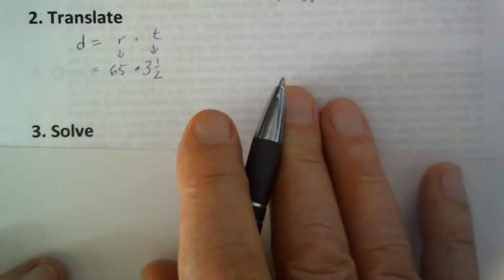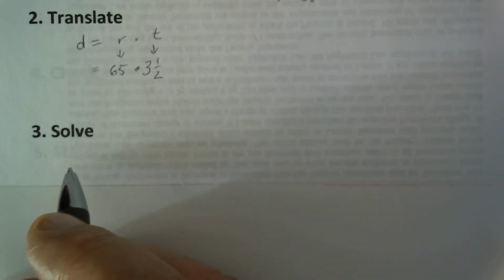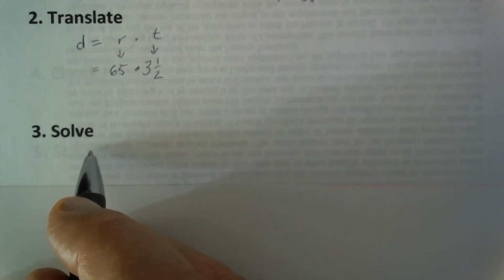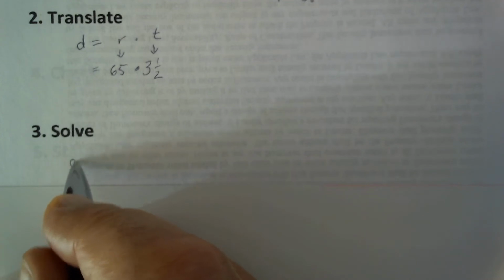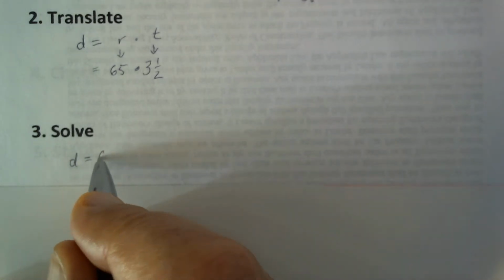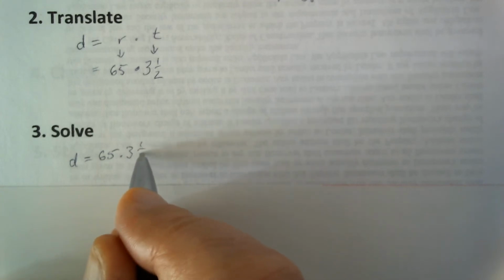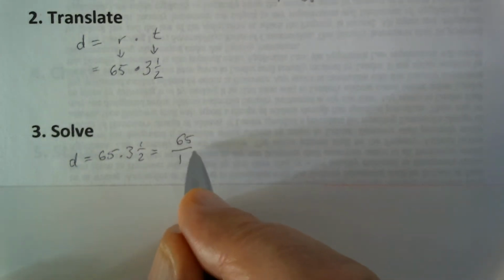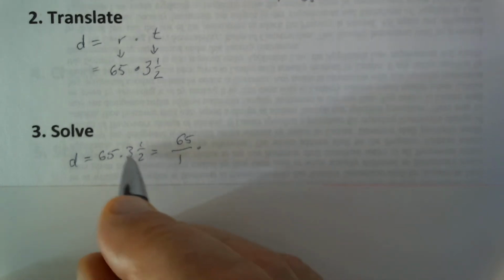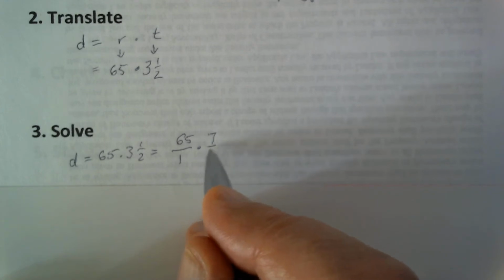Now we solve this problem like we have learned in the section here, multiplying mixed numerals. So d is equal to 65 times 3.5, or 65 divided by 1, and 3.5 would be 3 times 2 is 6 plus 1 is 7/2.